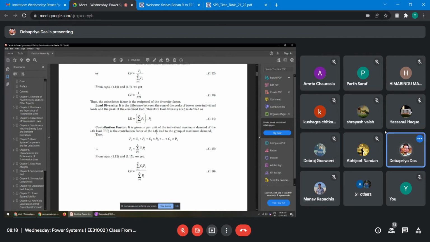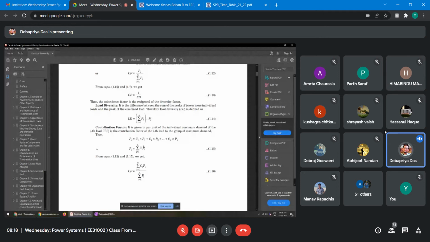Of the individual maximum demand of the ith load, if Ci is the contribution factor of the ith load to the group maximum demand, then Pc will be, with P1, P2, up to Pn for n consumers, their contribution, 30%, 40% like this. So C1 into P1 plus C2 into P2 plus up to Cn into Pn, that is Pc.